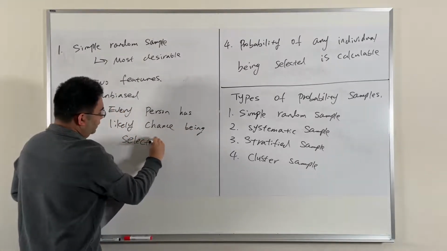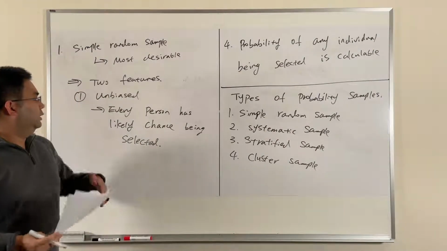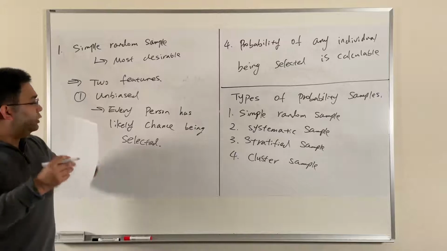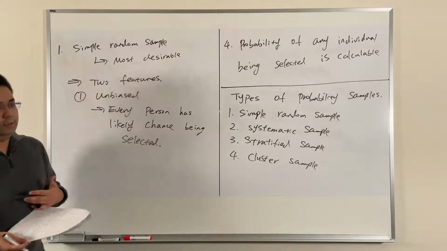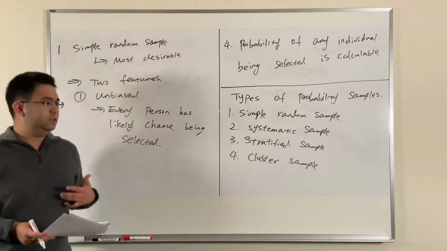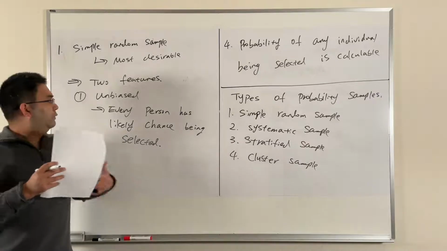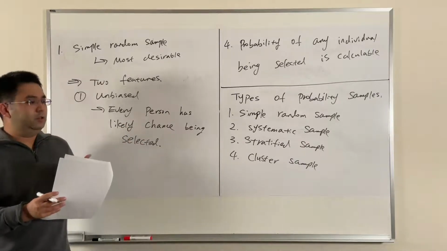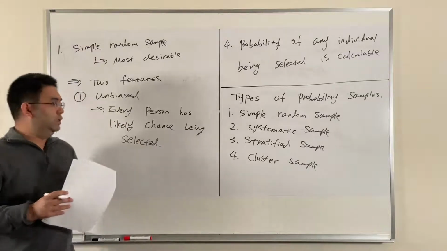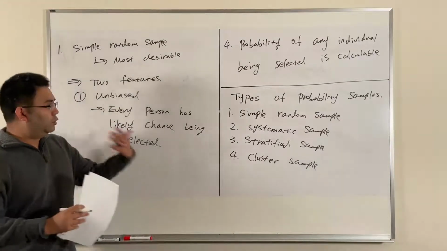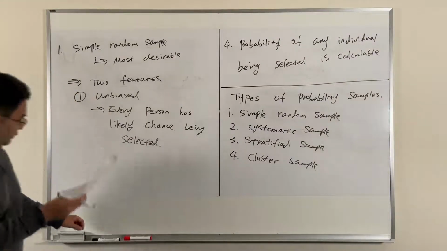So the probability of every single one in the population is equally likely to be selected. If you're interested in getting the Cal State Los Angeles students' average GPA, then in order for you to have this unbiasedness, you need to have the probability of each single student being selected to be the same, right? So they have an equally likely chance of being selected.